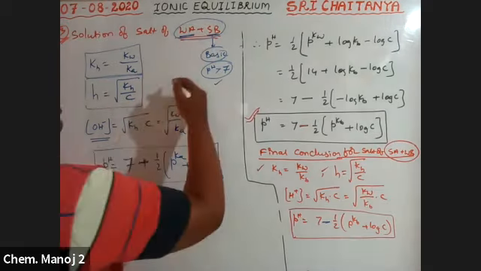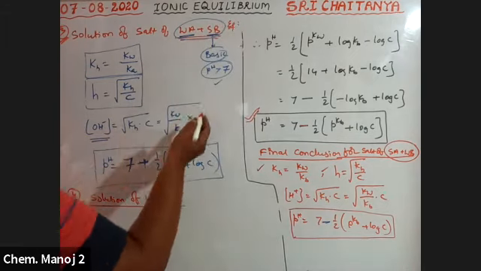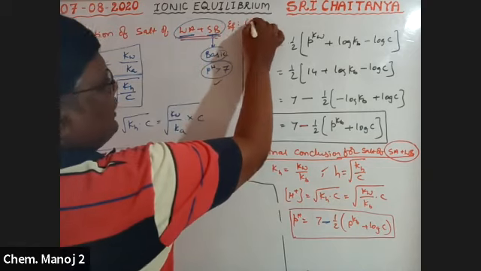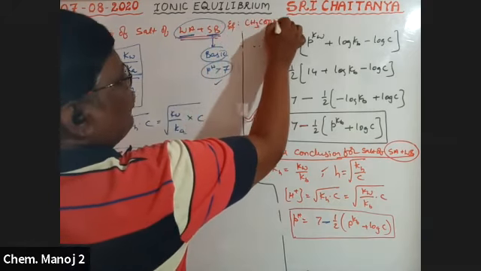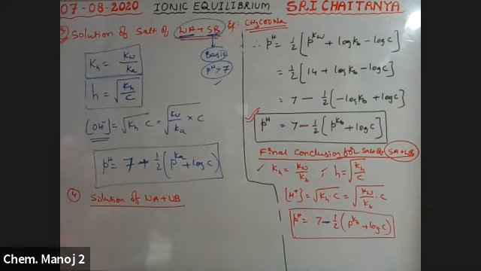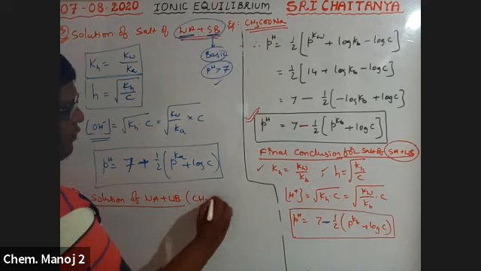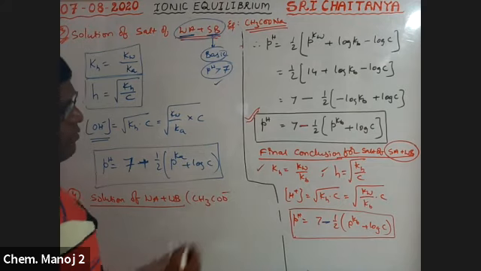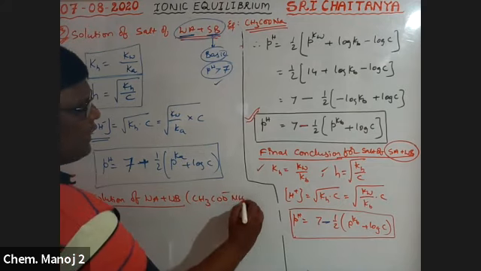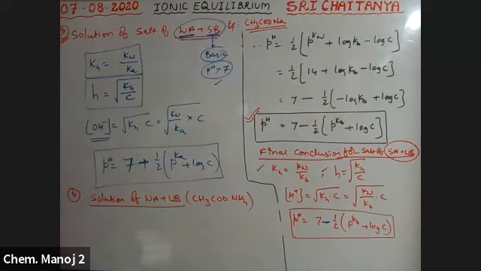The example for this one: weak acid CH3COOH, weak base NH4OH. From that CH3COO minus and NH4 plus, this is the salt ammonium acetate. It is a salt of weak acid and weak base.